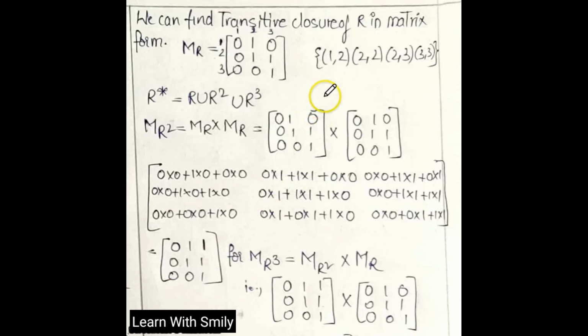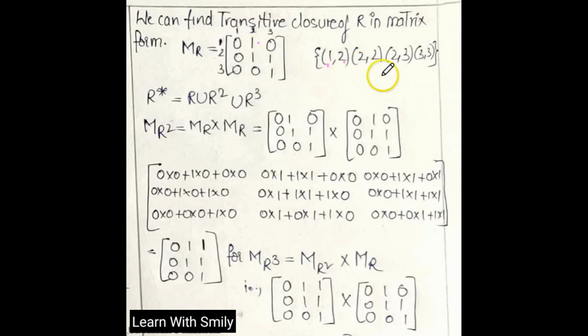The transitive closure can also be represented in the form of a matrix. Check carefully here: it is (1,2), so first row second column; second row second column is 1; next second row third column is 1; third row third column is 1. Whatever ordered pairs we have, we make them 1, and whichever ordered pairs we don't have, we make them 0.